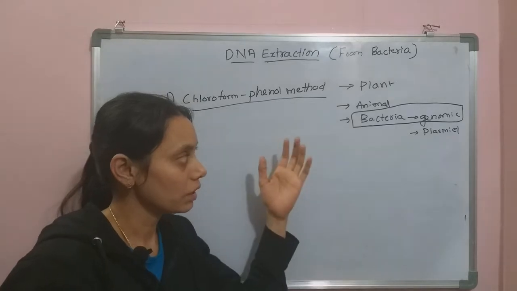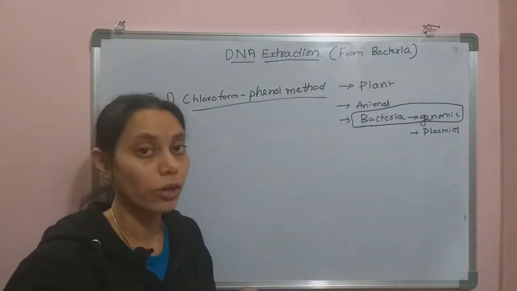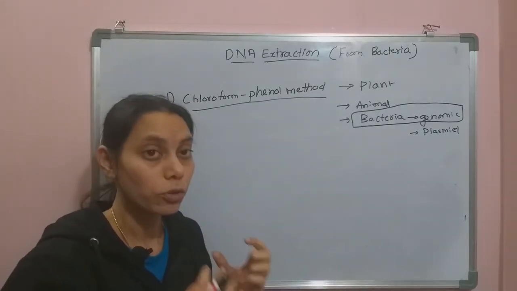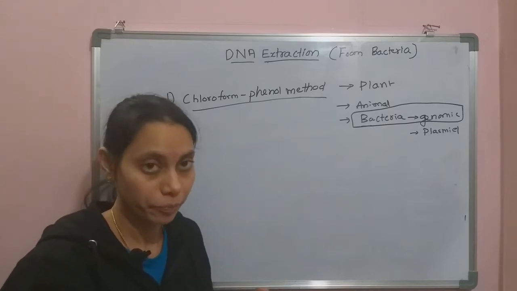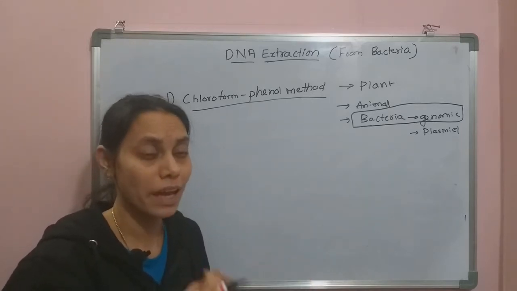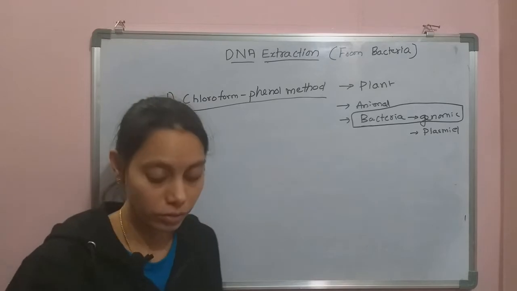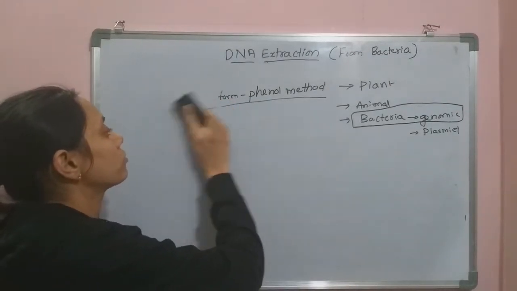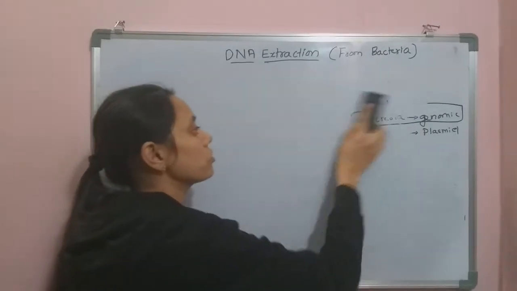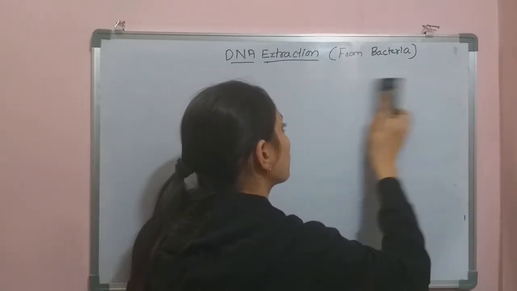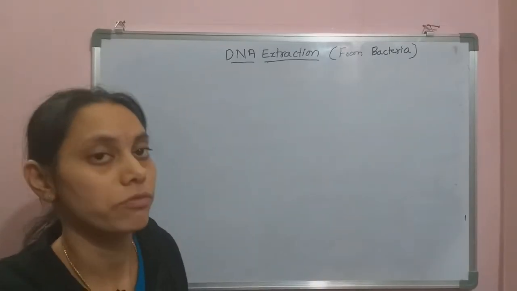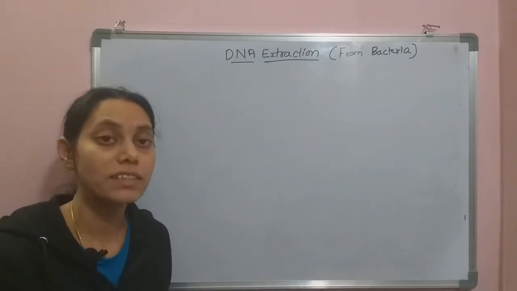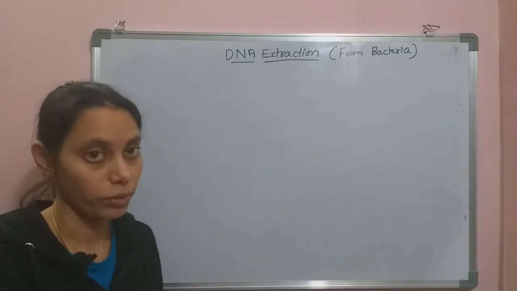And even for the method which we are going to discuss now, it could be adopted as per the laboratory conditions and the samples. So here we are going to discuss the major and common steps involved in the DNA extraction from bacteria using this chloroform phenol method.